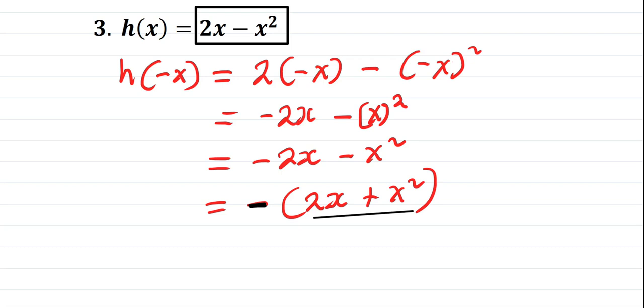So it's not an odd function and it's not an even function. So you can declare that it is neither even nor odd. So that is it for this question, and I hope it makes some sense.